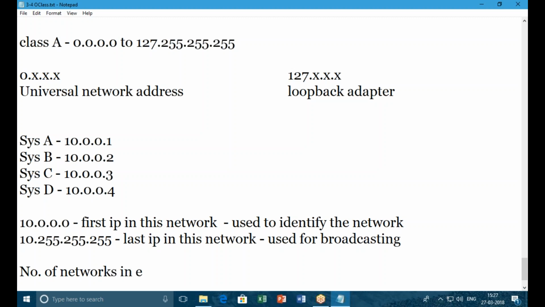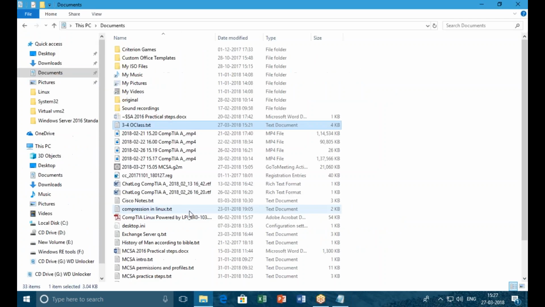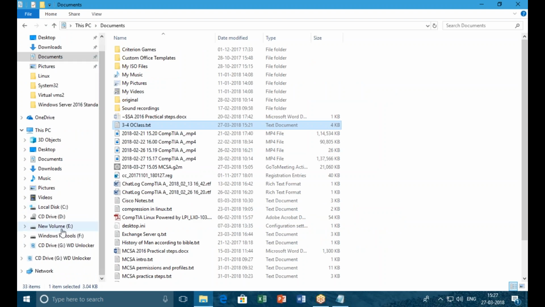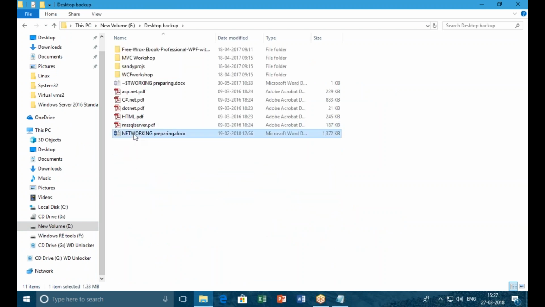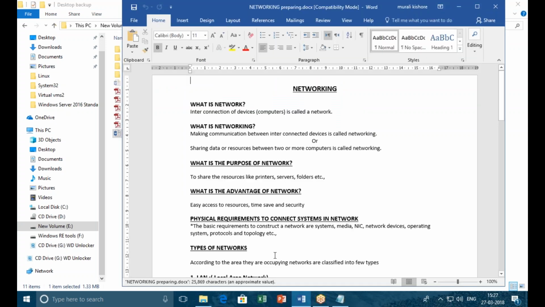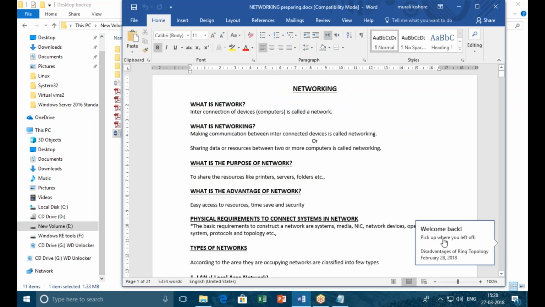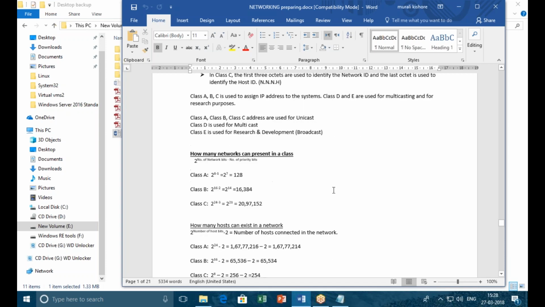Number of networks in each class: the formula is 2 power number of network bits minus priority bits.